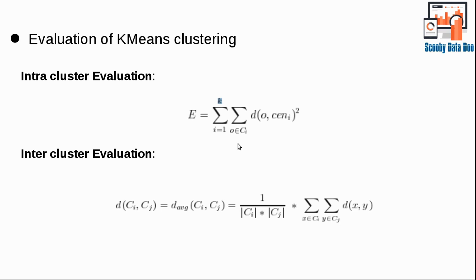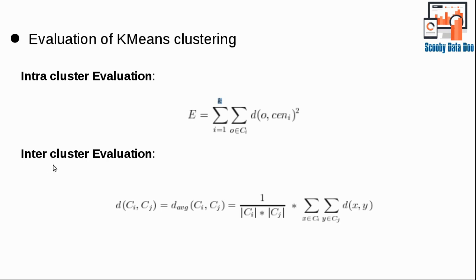This value E is expected to be minimized, right? This is also denoted as the sum of squared errors. Try to remember this term, sum of squared errors, in short SSE.